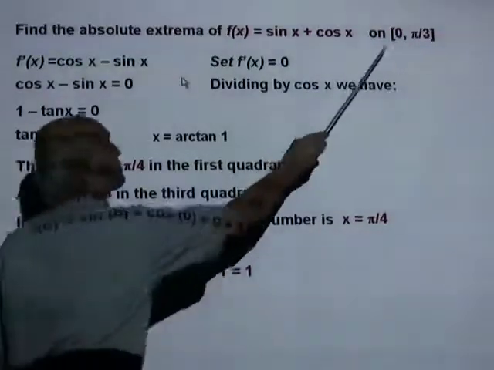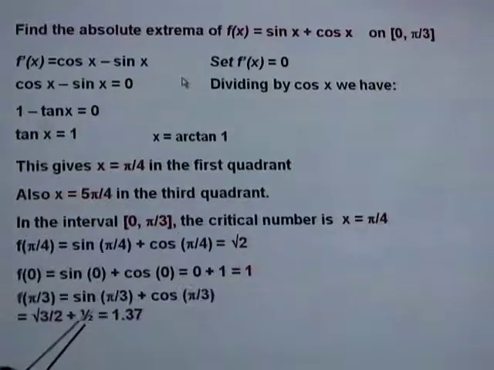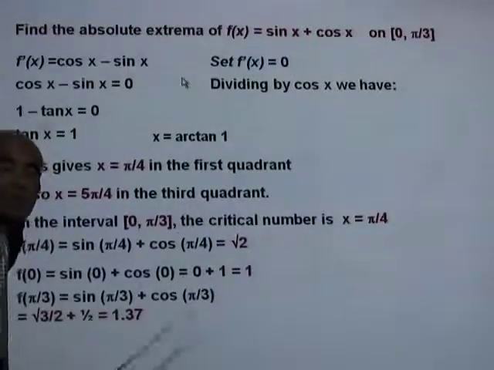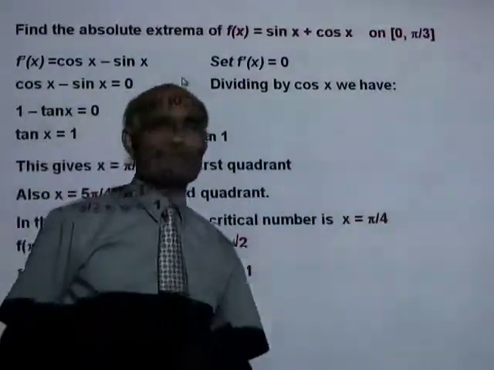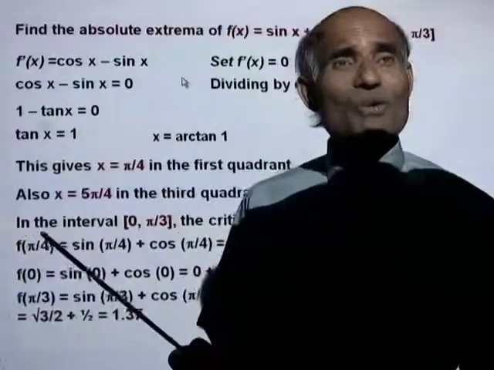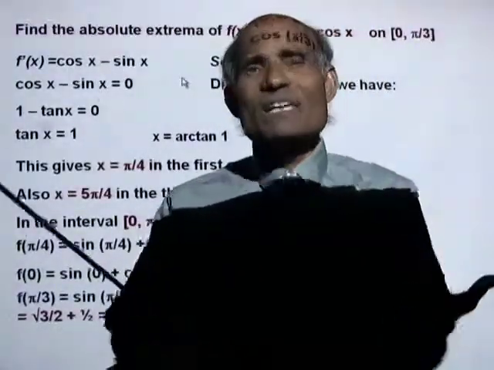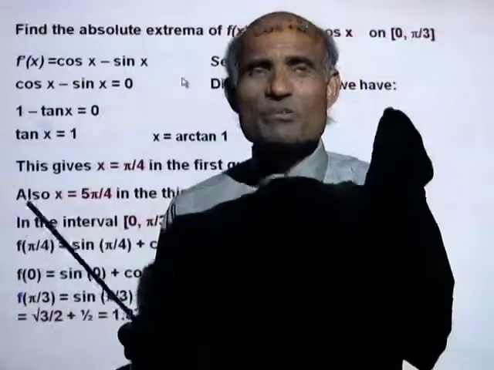How about pi by 3? Find the function value at x equal to pi by 3. Sine pi by 3 plus cos pi by 3. I have been giving you all these values. Now remember, the more times you write down these values, the better you remember.